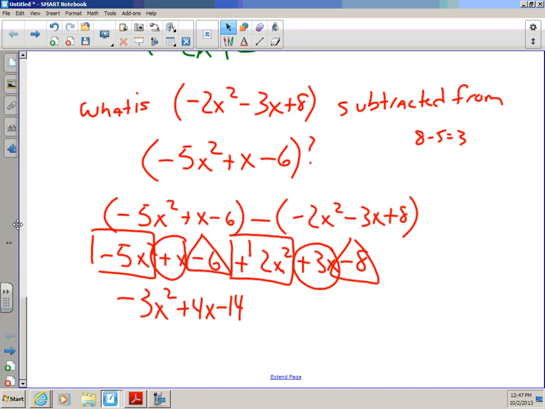Now, let me contrast that with the following statement. Here we said, what is this polynomial subtracted from that polynomial?